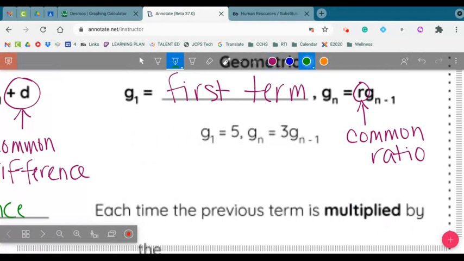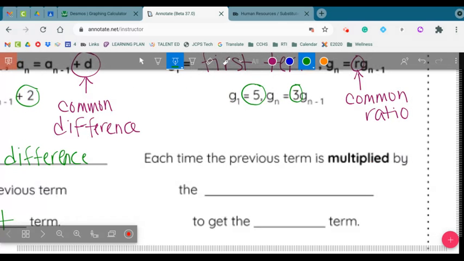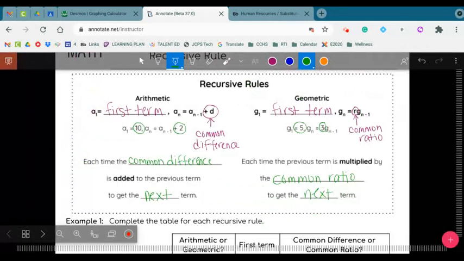So if we look at our example, our first term is 5, and then our common ratio is 3. So we're multiplying by 3 each time. So each time, the previous term is multiplied by the common ratio to get the next term. Okay, so keep that in mind. You'll be given the formula, but you have to know where this information is going to be.